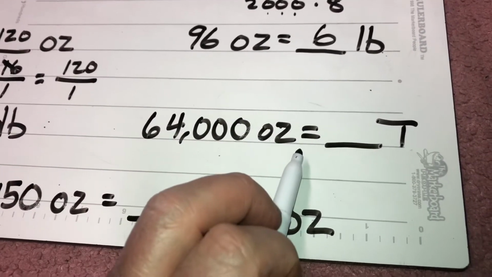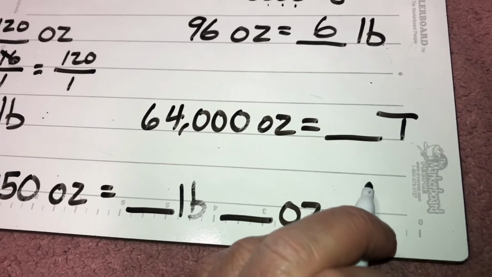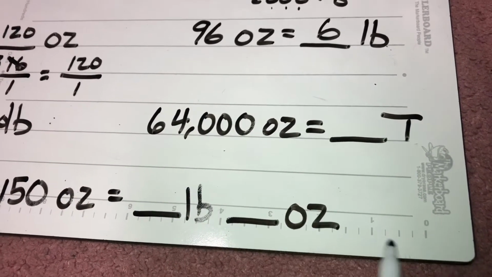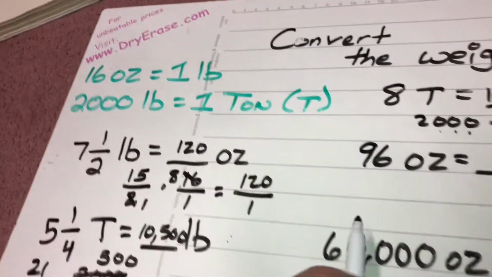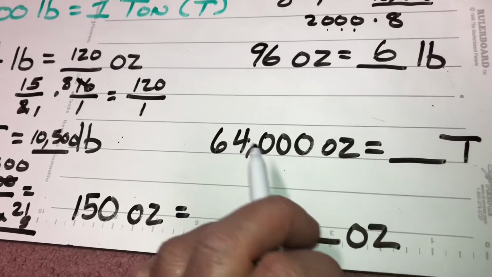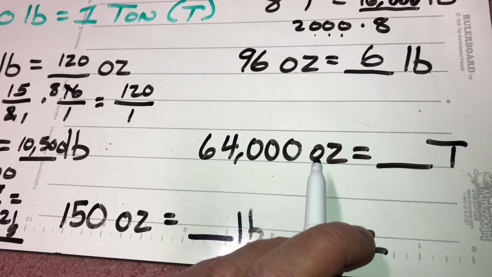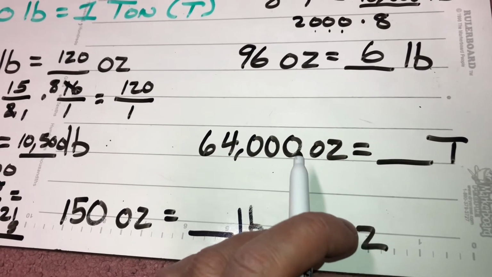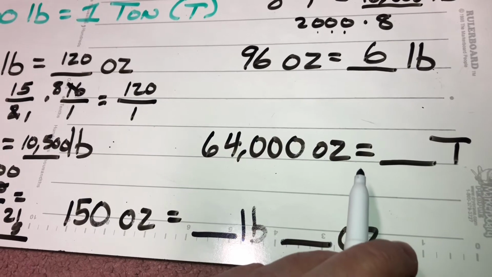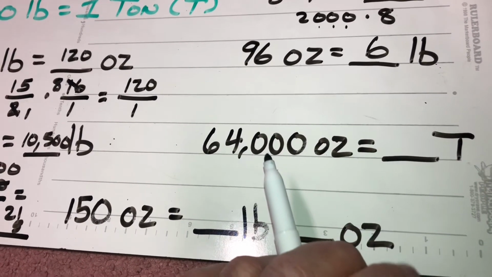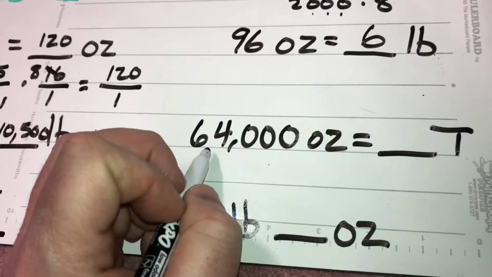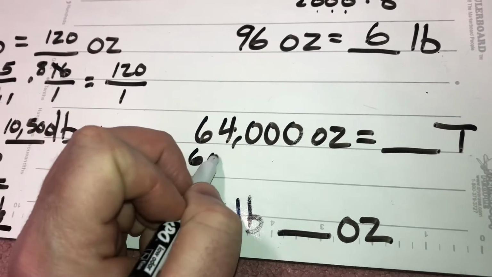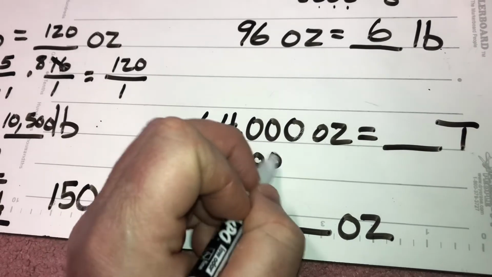64,000 ounces equals blank tons. Well, there's no conversion from ounces to tons. So I'm going to first have to turn my ounces into pounds. 1 ounce is smaller than 1 pound. So the measurement is getting bigger, which means the number is getting smaller. So it's going to be 64,000 divided by 16.